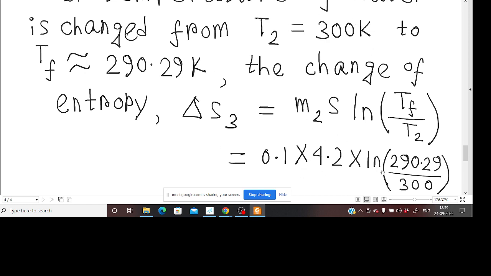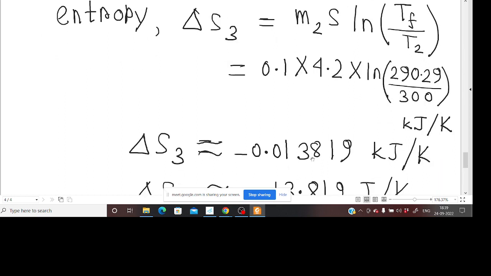Now we can put the values and simplify it, and you will get some negative quantity. This is expected, right? Because heat is released by the water at 300 Kelvin, so entropy will decrease for this water at 300 Kelvin.